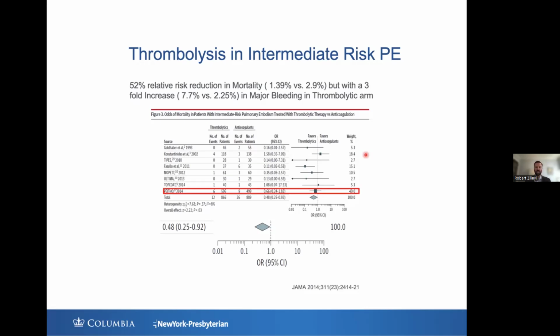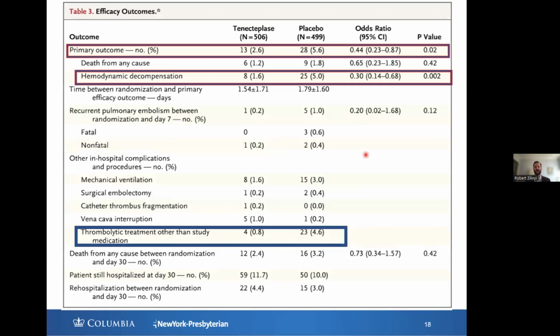I'm going to focus briefly on the PEITHO trial, which was conducted and published in 2014, which forms the foundation for a lot of the contemporary work that we've been doing in the pulmonary embolism space. So in the PEITHO trial, this was a randomized trial of a little over 1,000 patients, who were randomized in a 1-to-1 manner to either systemic fibrinolysis, albeit with a reduced dose of 50 milligrams, versus heparin for intermediate risk pulmonary embolism.